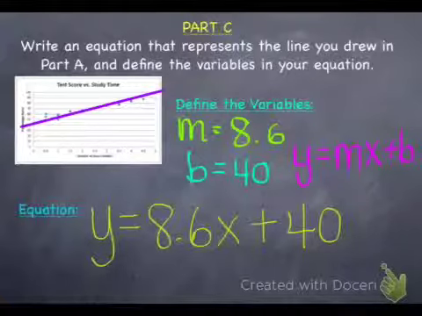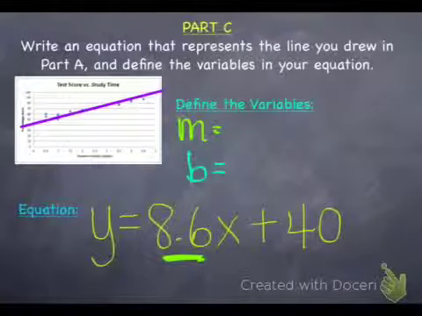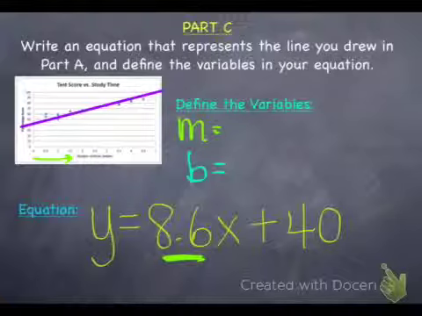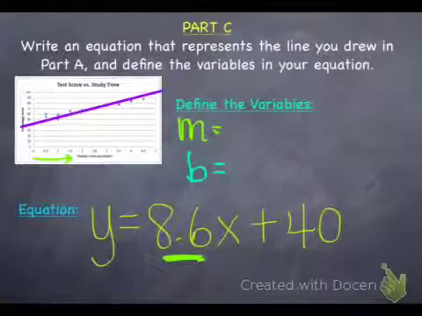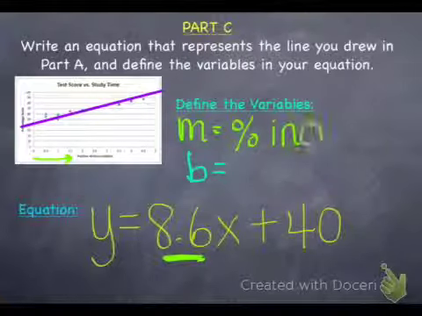And if we were going to define the variables, m is representing the amount that we're going up for each hour of studying. So this would be our percentage increase on our score.